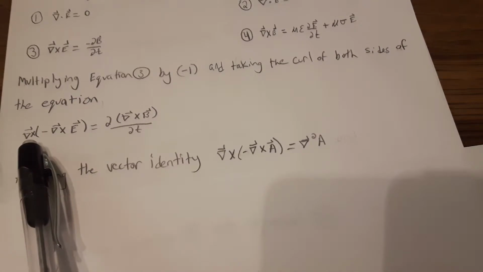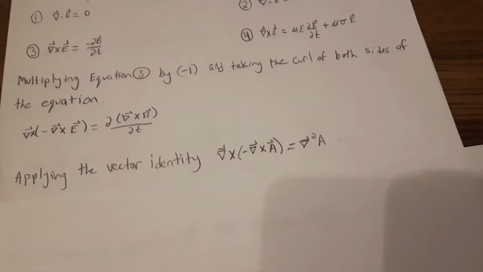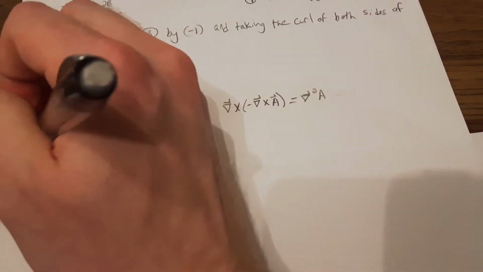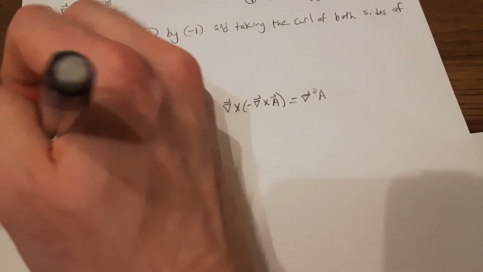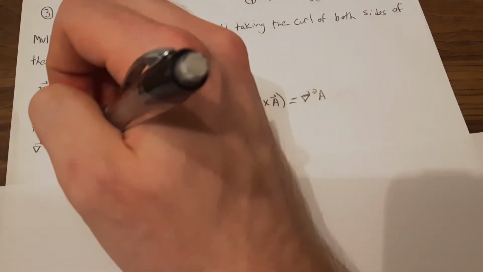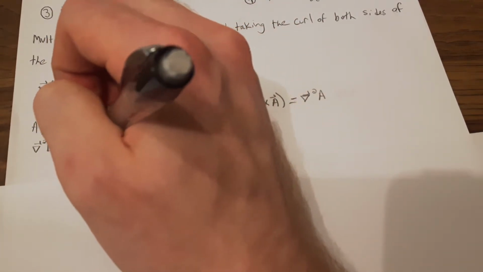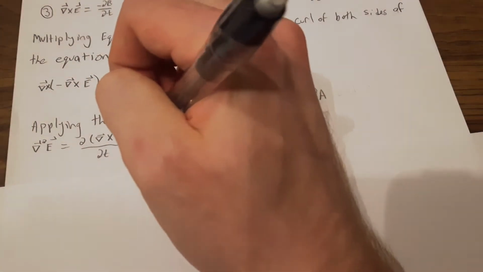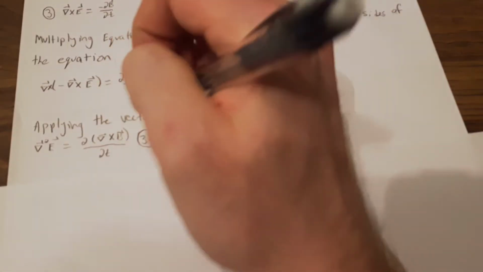So here we have the curl of the negative curl of the electric field, which we're going to replace by the Laplacian of the electric field. And that is equal to the time derivative of the curl of the magnetic field. We're going to call this equation 3a.